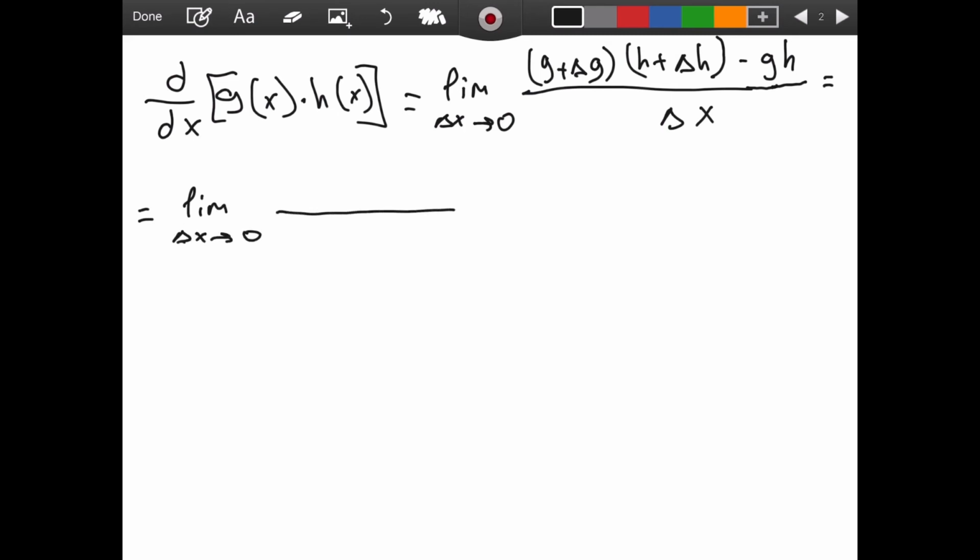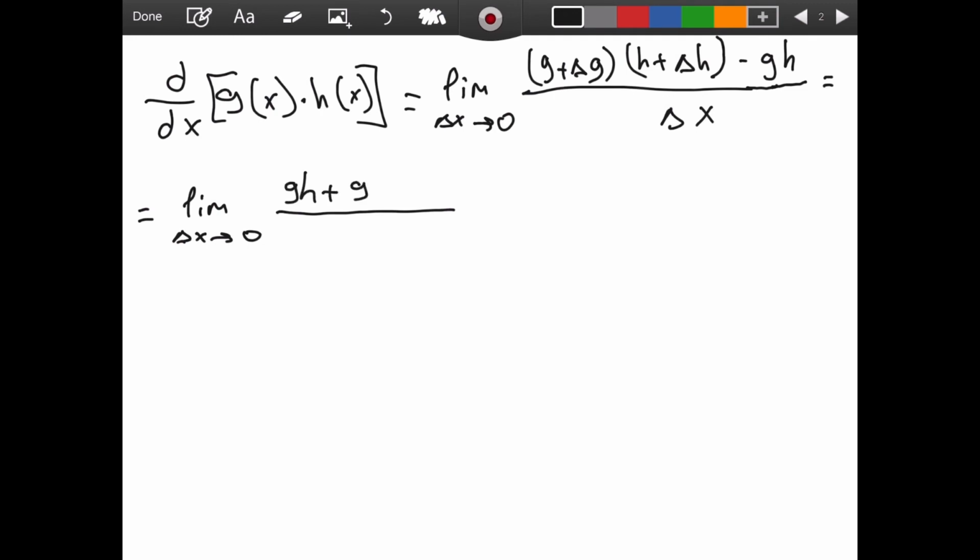For the numerator part now, I want to expand the first term. So if we expand it, I'm just going to multiply these two, g times h, then g times delta h, then delta g times h, then delta h times delta g, like that. You probably know what I'm talking about.